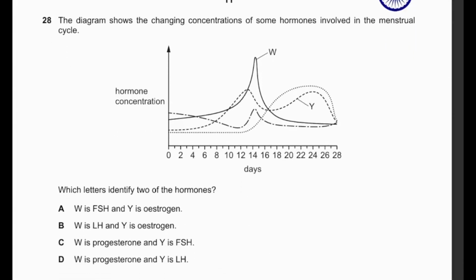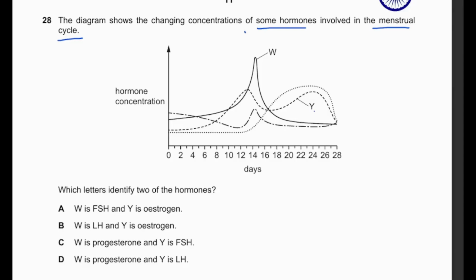Moving to the 28th one. The diagram shows the changing concentration of some hormones involved in the menstrual cycle. Which letters identify two of the hormones here? You have W and you have Y here. Which identifies two hormones?